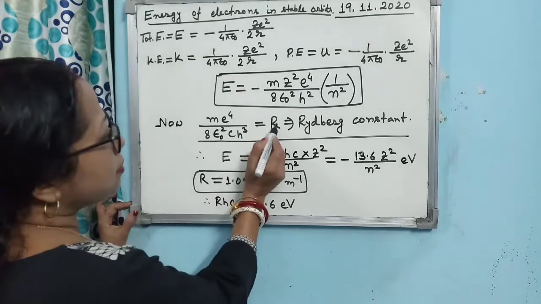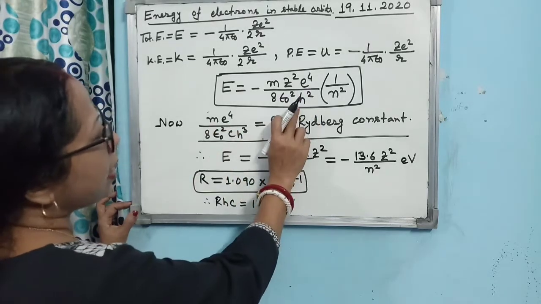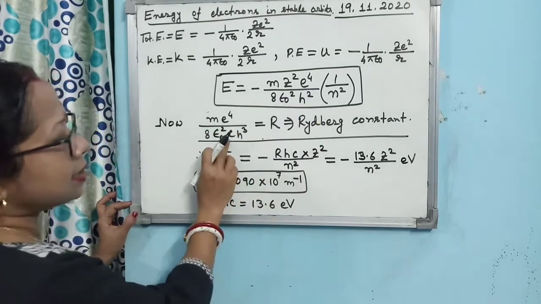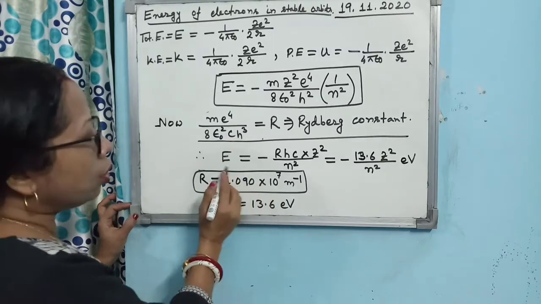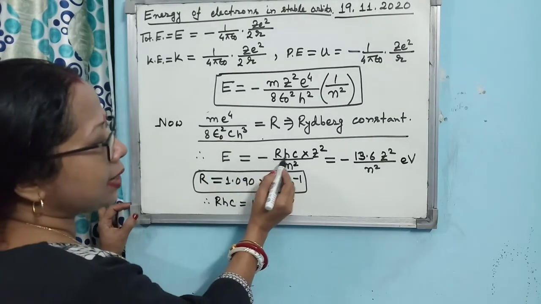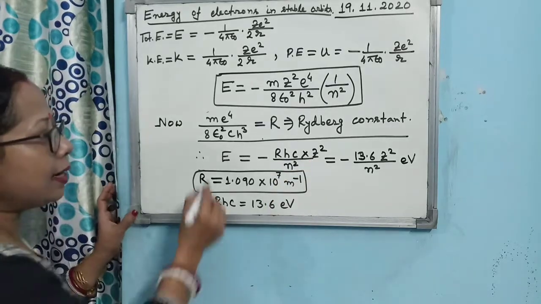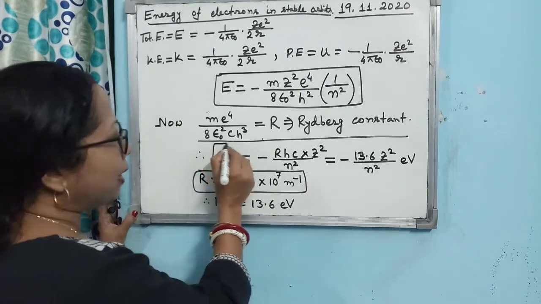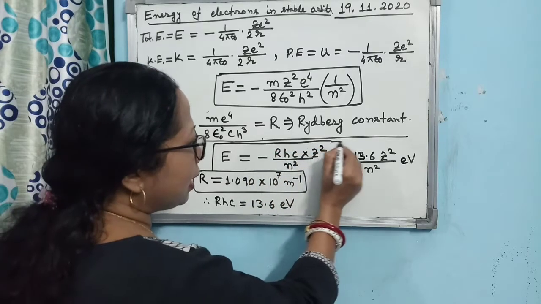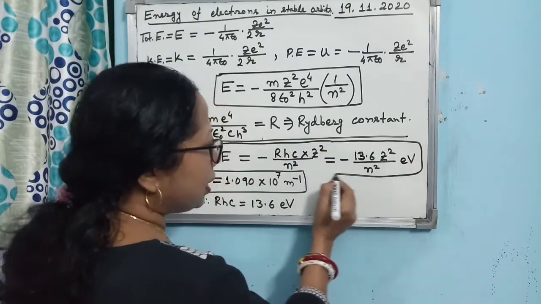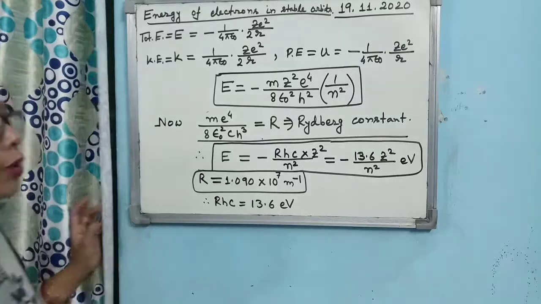Now, if you substitute R equal to this, here you see h square is there, another c is there down. So, E you can write as minus R h c into Z square by n square. This relation is better to remember, learn and remember for solving the numericals and conceptual problems.